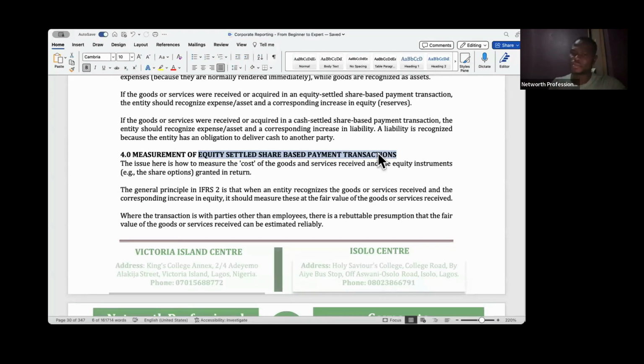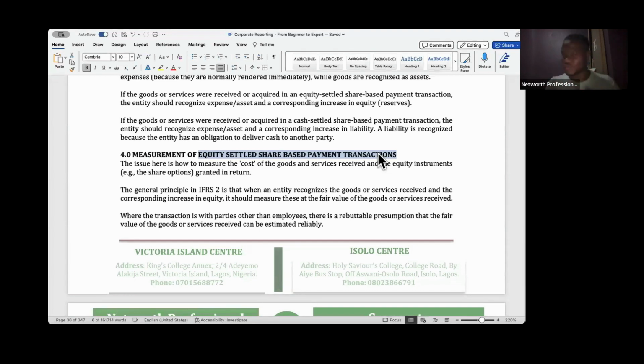However, if the transaction is with an employee, it is difficult for you to know the value of the services rendered by an employee because ordinarily the employee will get a monthly salary. And this equity settled share-based payment is just part of the employee's remuneration package.